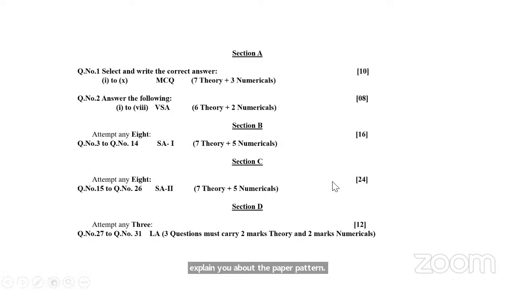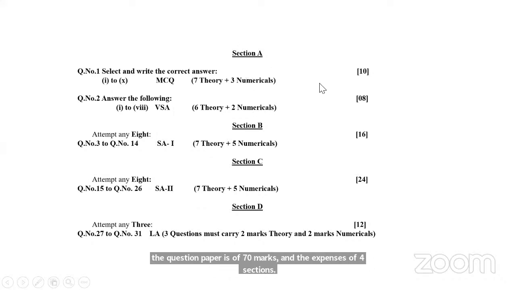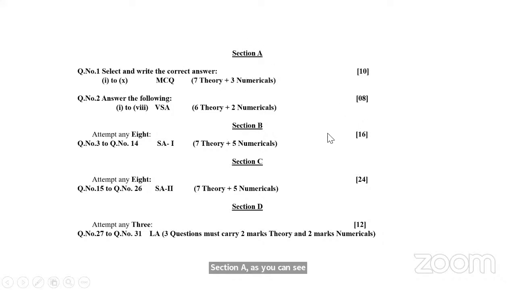Some of you might be aware that your final theory exam question paper is of 70 marks, and it consists of 4 sections. Section A is a compulsory section which consists of 2 questions.